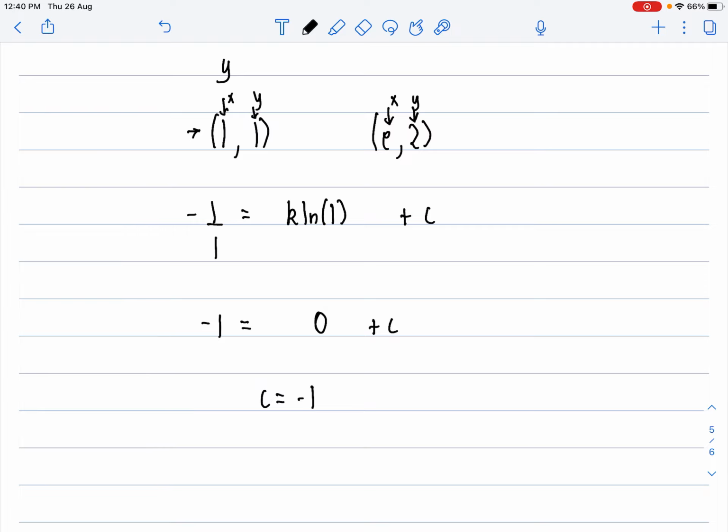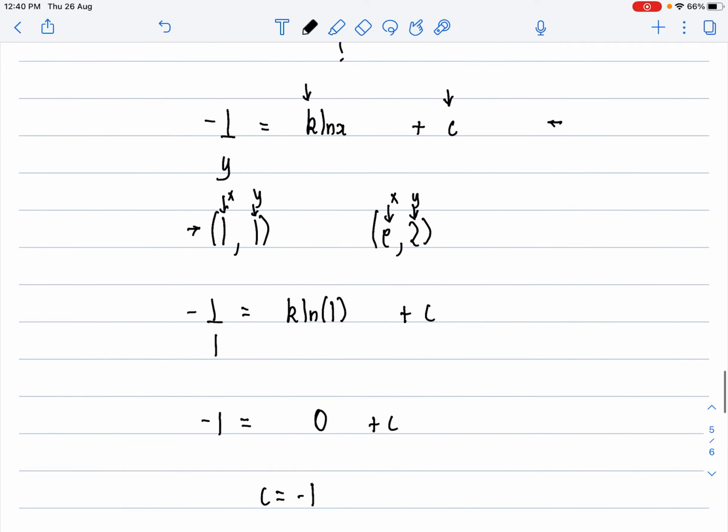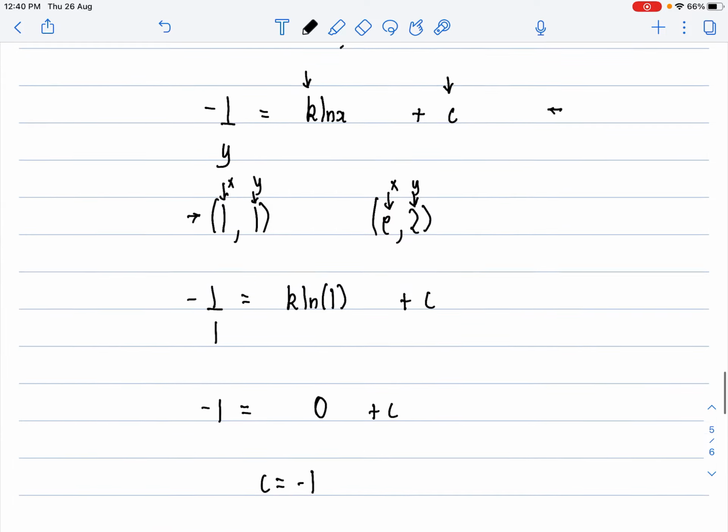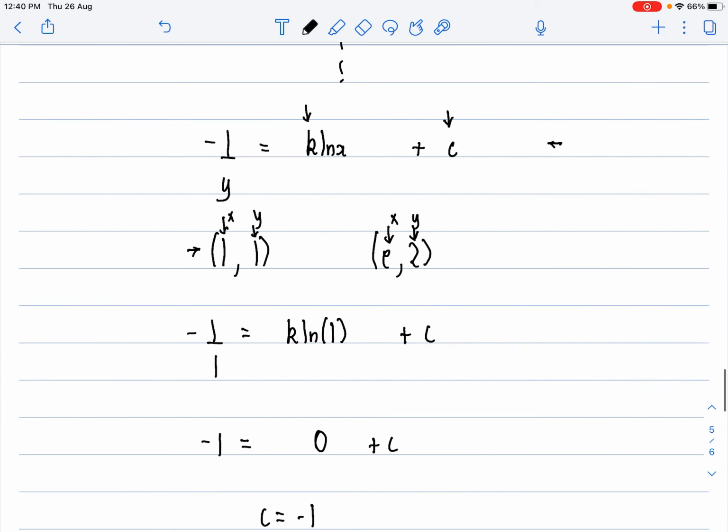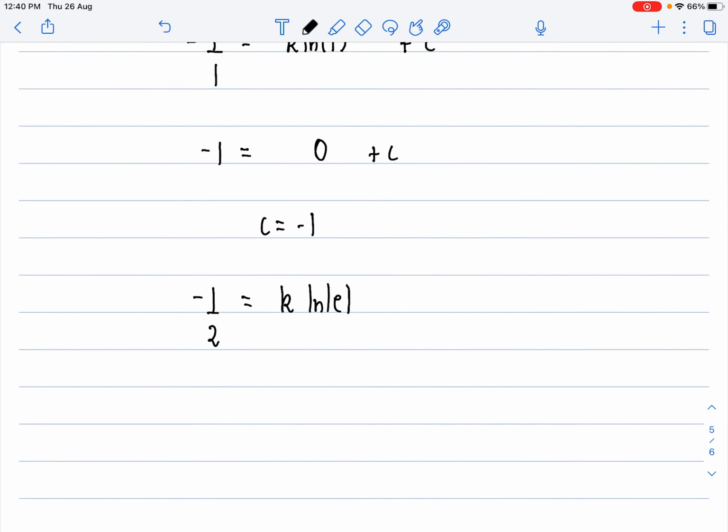Now I need to calculate my k. So for that I can simply substitute e comma 2 in the equation. So I basically get minus 1 over 2, correct? Minus 1 over 2, which is equal to k into ln, and in the place of x I put e, and in the place of c I put minus 1.